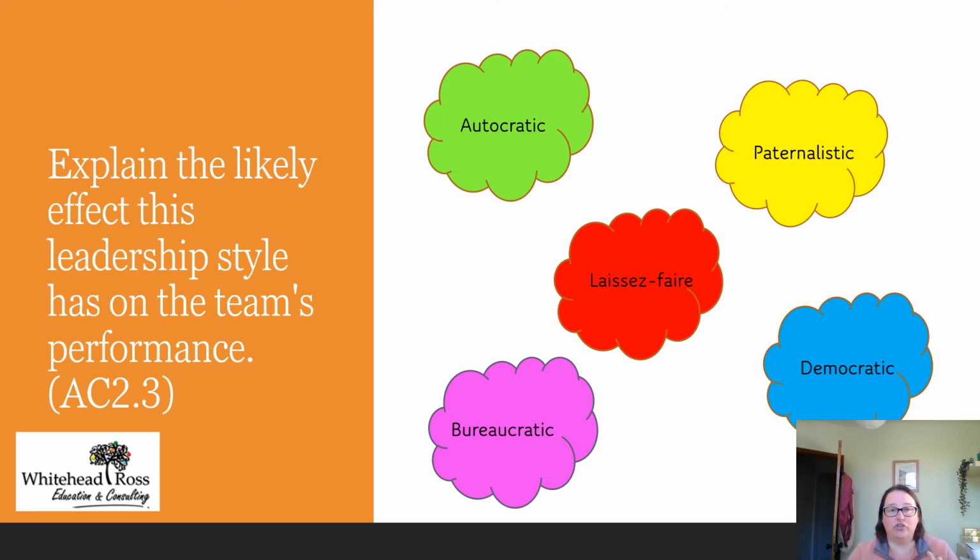Okay, and what you're trying to do here is create a cause and effect link with examples. So using whichever ones you chose, what was the cause and what was the effect? So what was the effect on the team performance?